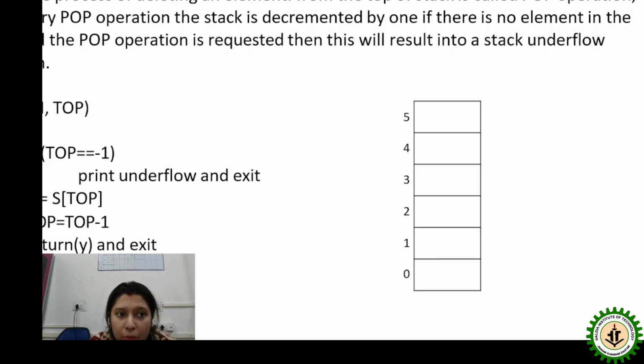Now come to the pop operation. The process of deleting an element from the top of stack is called pop operation. After every pop operation, top is decremented by 1. If there is no element in the stack and a pop operation is requested, this will result in a stack underflow condition.